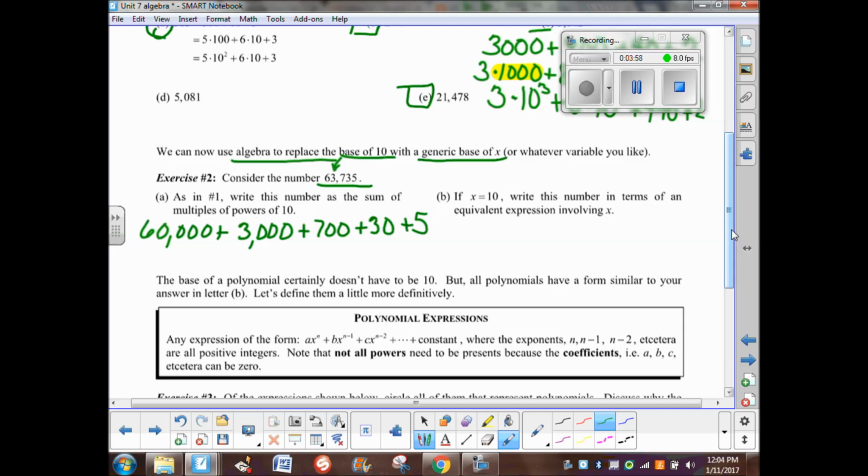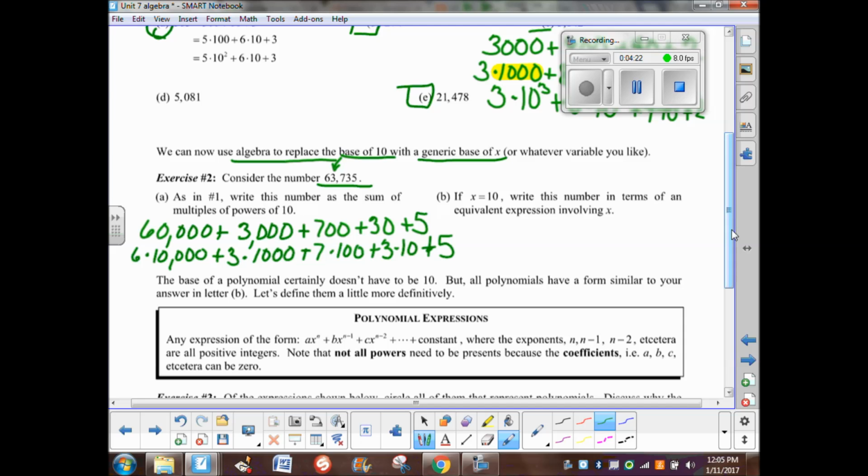Now I'm going to take it one more step, and I'm going to say, okay, this is 60 times 10,000 plus 3 times 1,000 plus 7 times 100 plus 30 times 10 plus 5.